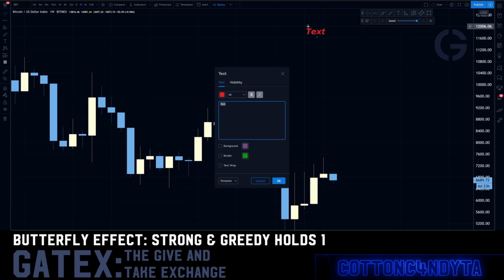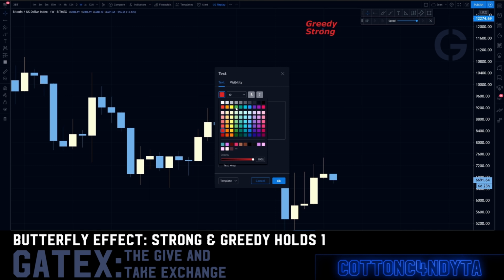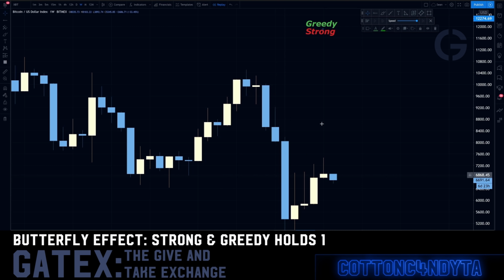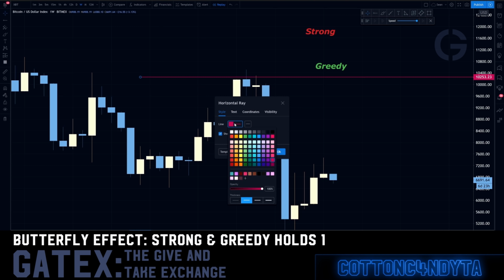We're going to put text out and we're going to put the strong hold levels. We need to spell it right first, like this, strong. We are also going to have greedy hold levels. Greedy we're going to do in green and strong we're going to do in red for no reason other than just those seem like good colors. So we're going to draw a level here. We're going to color coordinate this to our strong text. We're going to go red for strong.